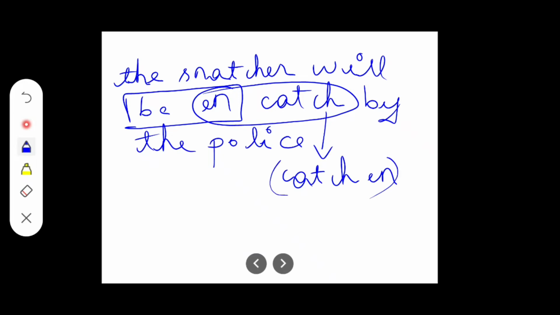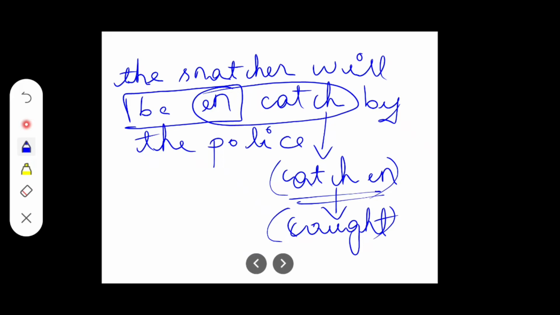But we don't have the word catchen. Now the morphophonemic rules, as I discussed in the components of transformational grammar, the last component, the morphophonemic rule, is going to convert this catchen to caught. This is how the rules convert the sentence into different tenses.